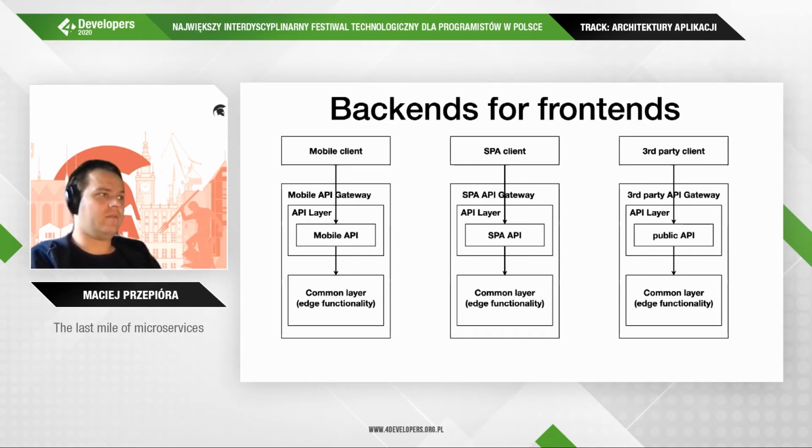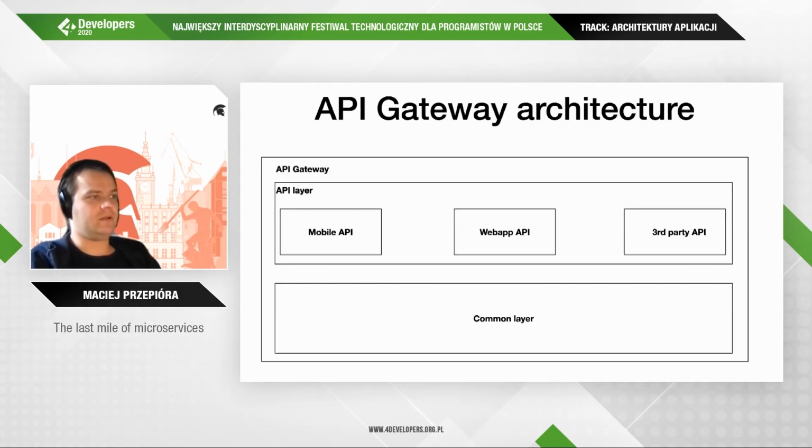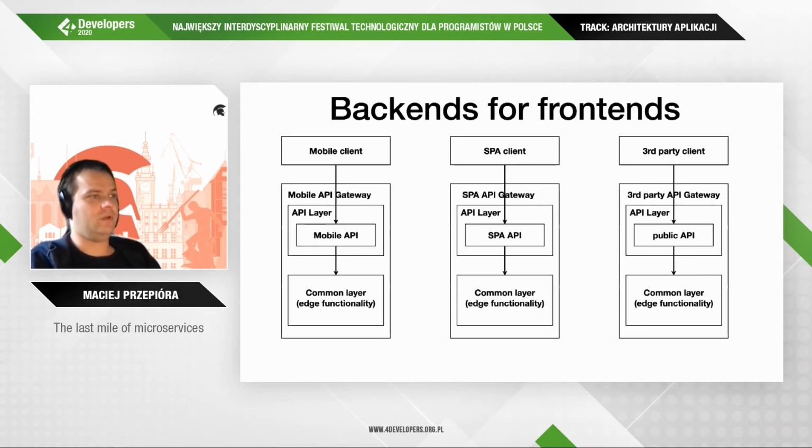So you can have a separate API for a mobile client, a separate API for a single page application client, and then you can have a separate API for a third-party client, and use the API gateway pattern to implement that API. The common layer, the edge functionality on those two slides, refers to edge functions, right?